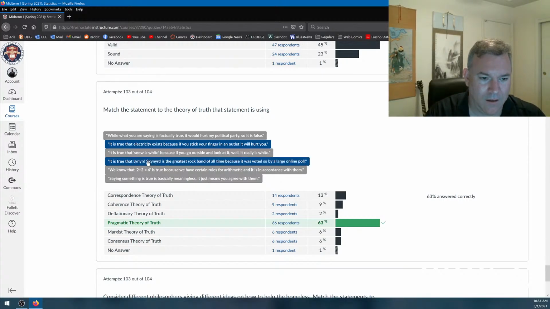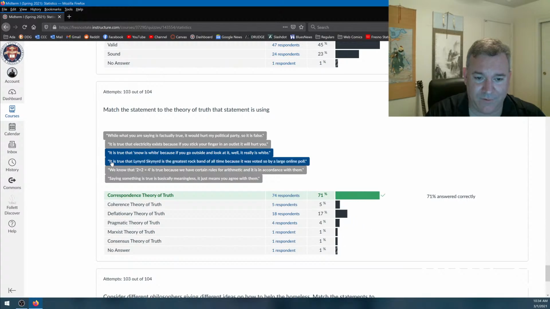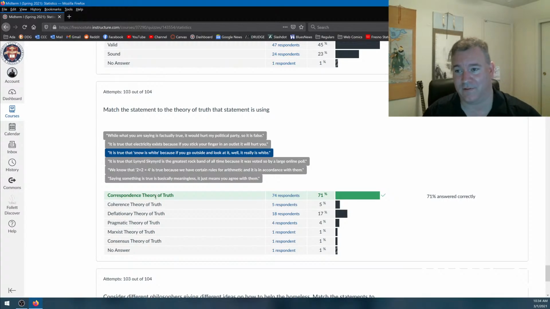It is true that snow is white because if you go and look outside, well, it really is white. Yeah, this is actually the definition I gave in lecture. So for anyone who watched the midterm review, I believe that's actually the example I gave. I could be wrong, but in philosophy that's the classic line. And what's really funny is that snow isn't white. Snow is actually clear. If you look at one snowflake, it's transparent.